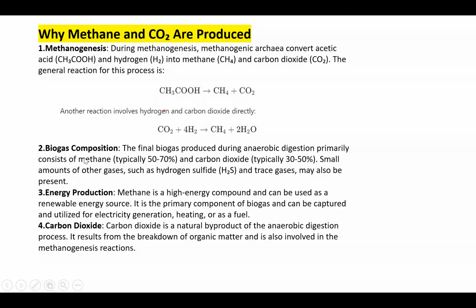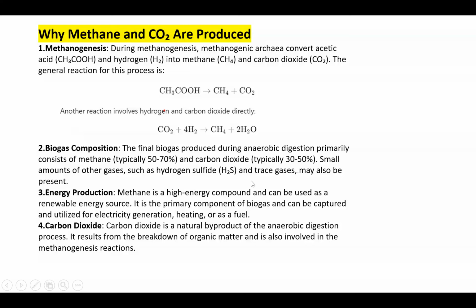And here you see the biogas composition. What is the biogas that we get? The final biogas produced during anaerobic digestion primarily consists of methane, around 50 to 70 percent, and typically 30 to 50 percent carbon dioxide is also there. There are also some other gases, such as hydrogen sulfide and other trace gases.